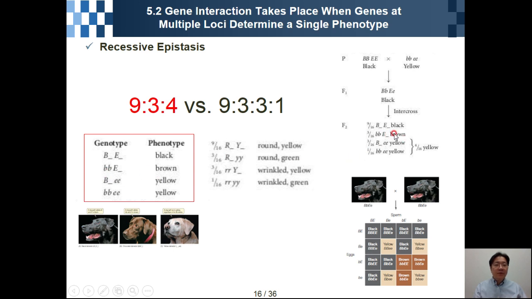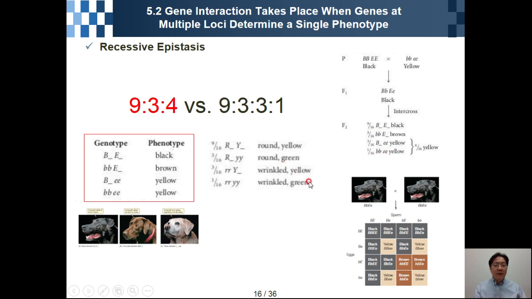It encodes the brown color. But in this case, large B, small ee will encode yellow color. How about here? Small bb, small ee will encode yellow color. So the phenotype ratio will be 9 to 3 to 4.